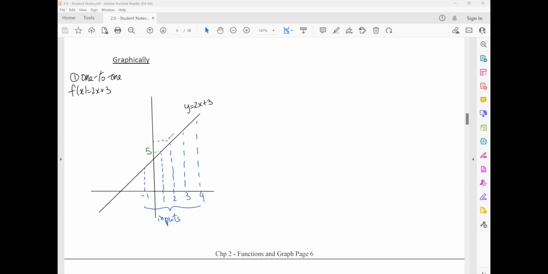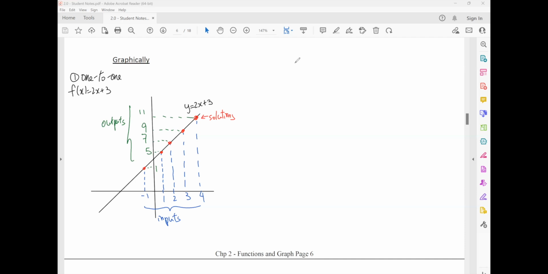When x is 2, that will be 7, 9, 11. When x is -1, that will be 1. These are called outputs. Now what you see is each value of x only maps with one output value. So these are the solutions.